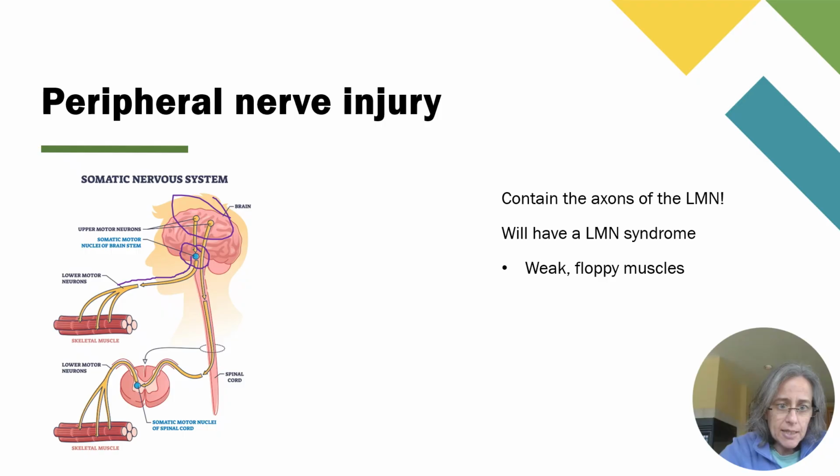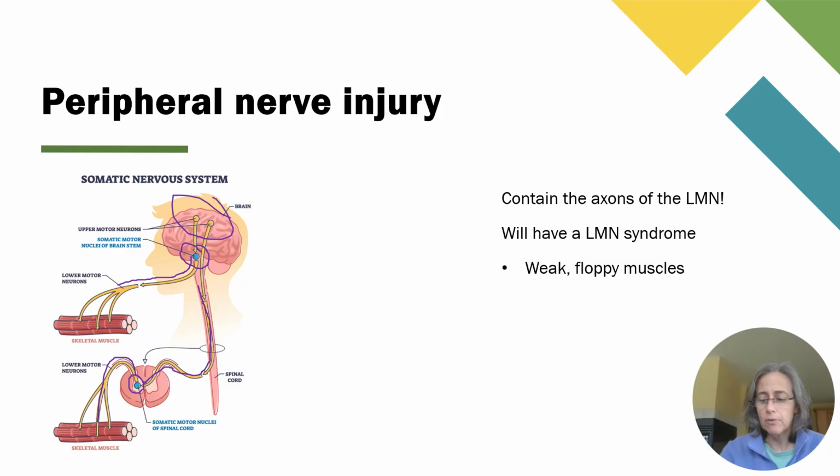And then down here, I have my upper motor neurons traveling down through the corticospinal tract, getting to my lower motor neuron, which is going to send its axon out through a spinal nerve. So remember, these peripheral nerves, whether they are cranial nerves or spinal nerves or branches off of the spinal nerves, they are what contain the axons of the lower motor neuron.